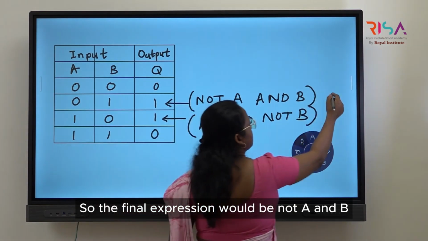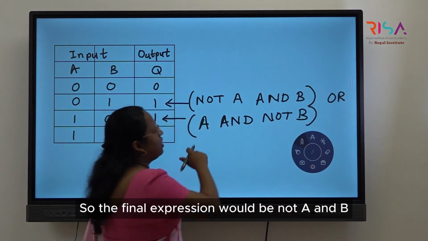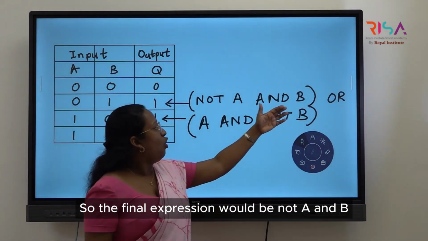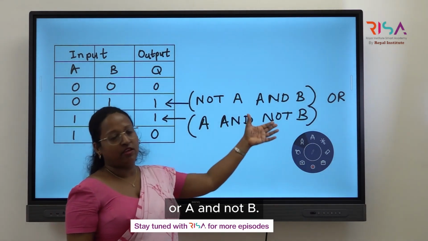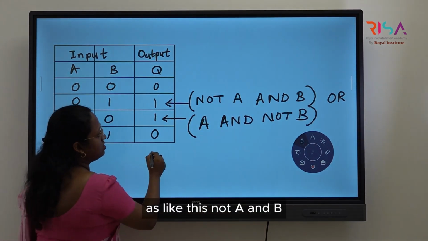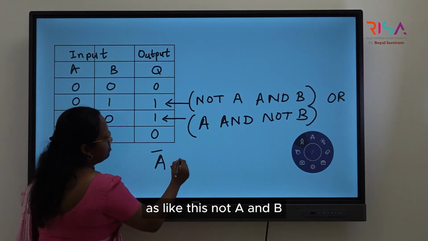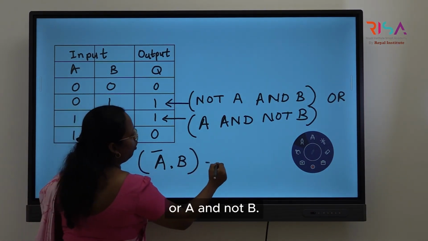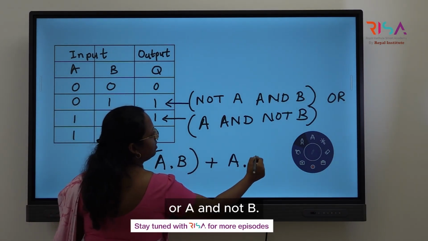So the final expression would be NOT A and B, OR A and NOT B. We can simply write this as a Boolean expression like this: NOT A and B, or A and NOT B.